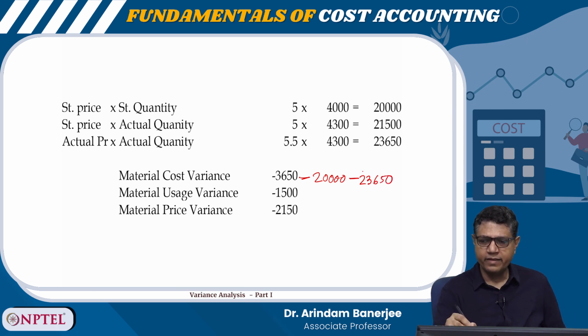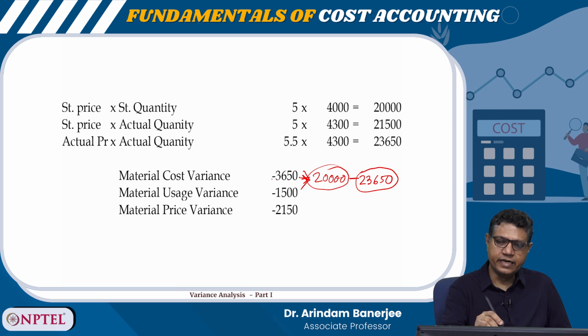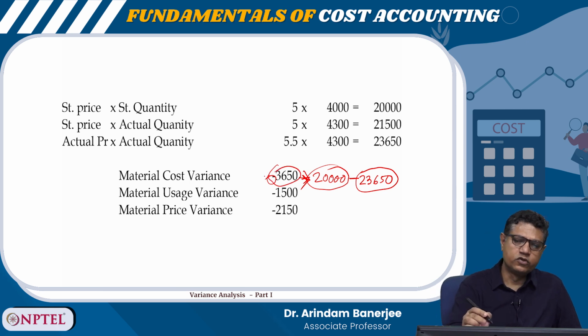So, you see this actual cost is greater than the standard cost. So, this material cost variance here is adverse. Adverse is denoted by the negative sign, and the difference is how much? 3650. So my material cost variance is 3650, I can say it is adverse, right?